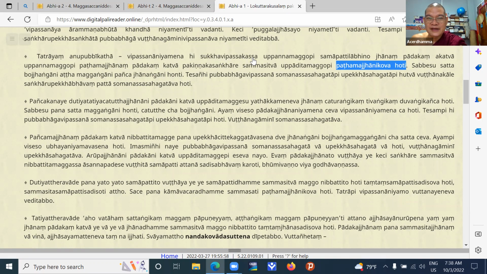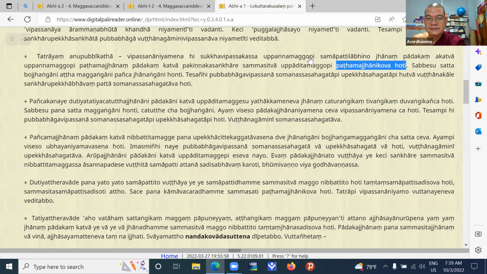For the saccavibhaṅga, he doesn't attain any jhana. But when he attains the magga, he attains the magga with the first jhana only, not with the second jhana, not with the third jhana, not with the fourth jhana. Oh, even for the saccavibhaṅga also, right? Saccavibhaṅga, yes.